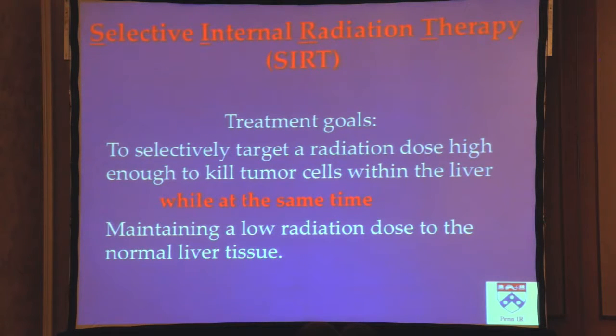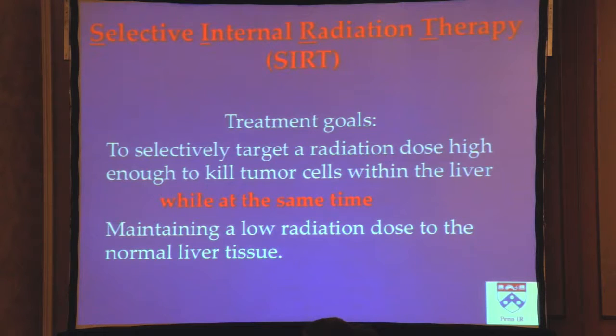Selective internal radiation therapy, or SIRT. This is what's called radioembolization, and this is a way to deliver yttrium, which is a sort of radiation, which is called a beta emitter. And what's interesting about yttrium is that it works at a very small distance, about 2.5 millimeters.